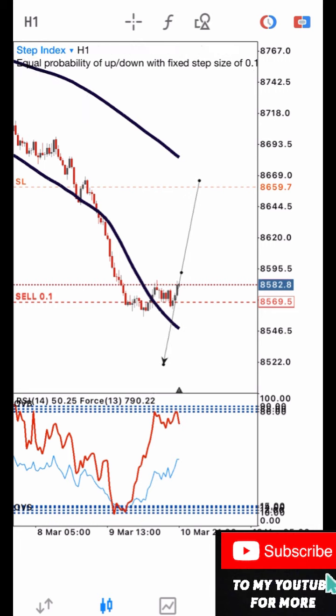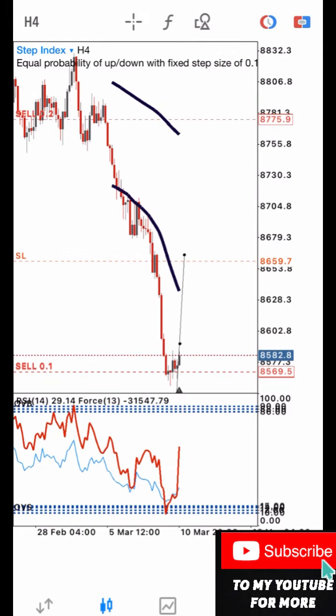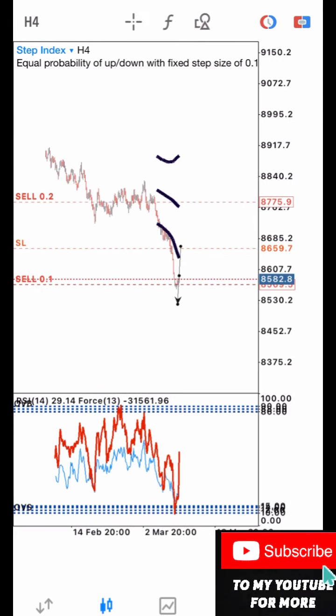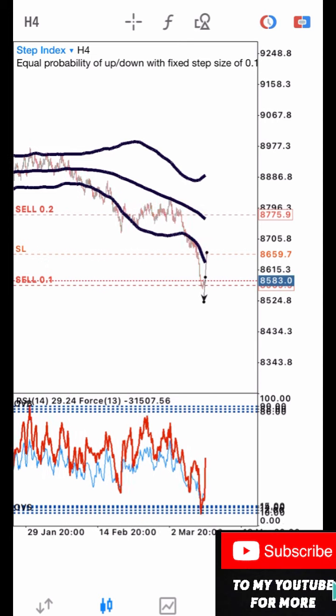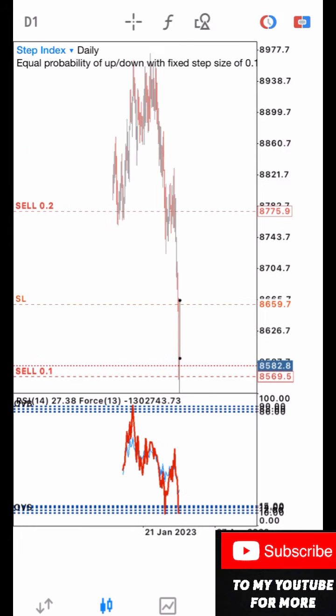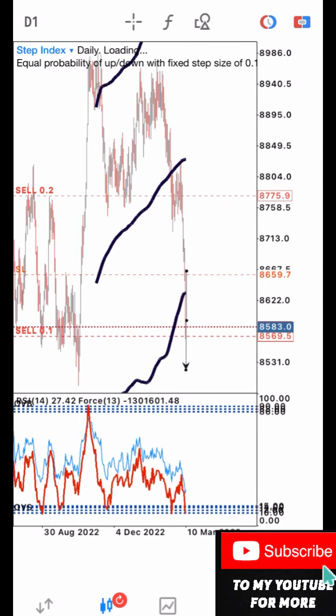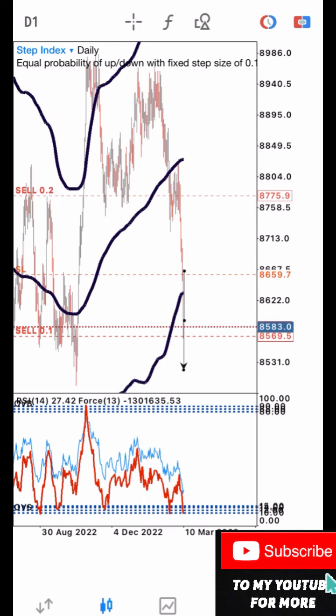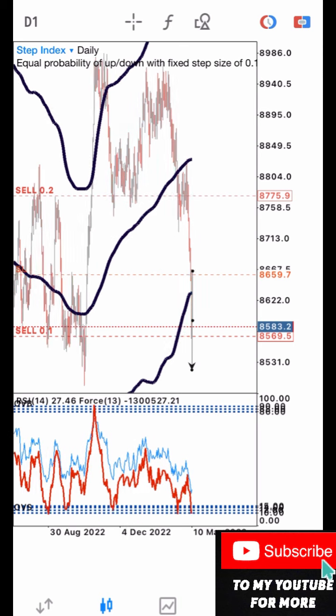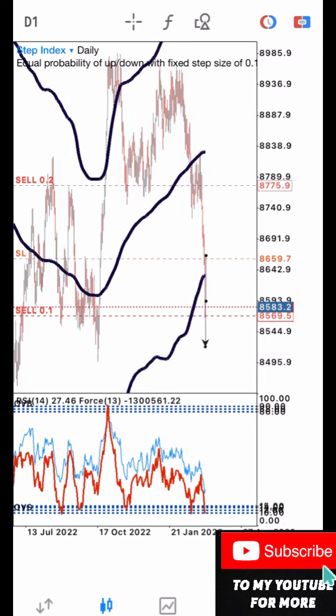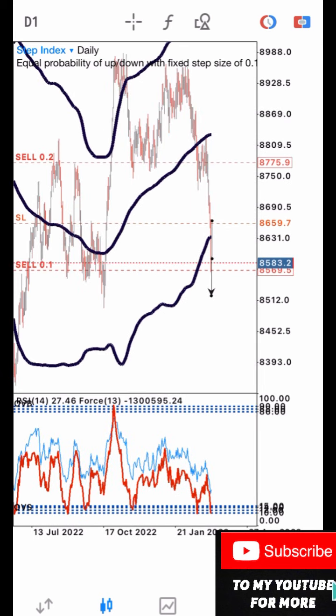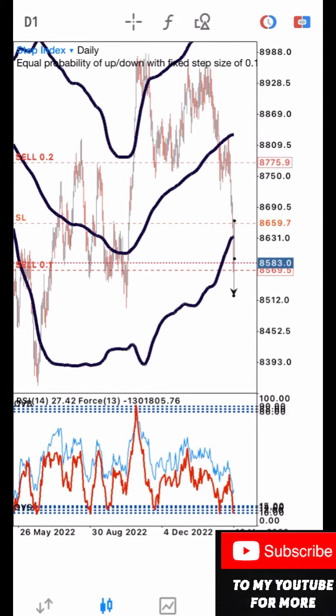Because if we go to the 4-hour time frame, or let's go straight to the daily time frame, you would see clearly that this price still has a long way to go. That's my confidence that it's still going to go even deeper. All right, so this is the mistake you don't want.